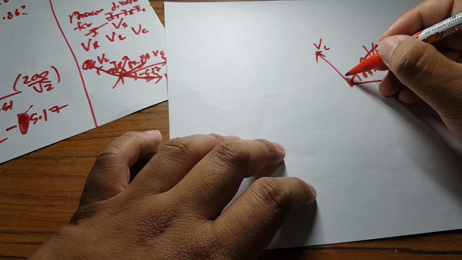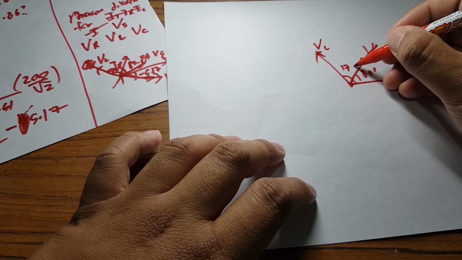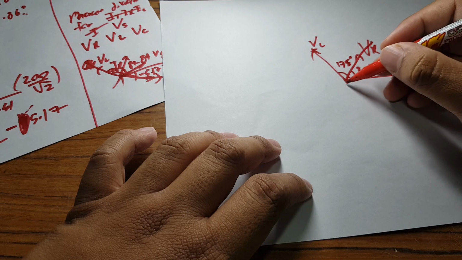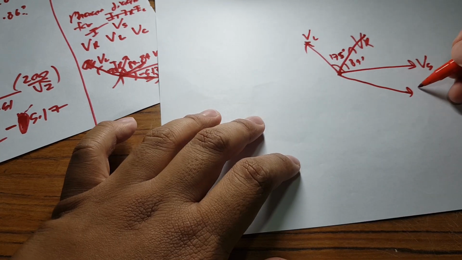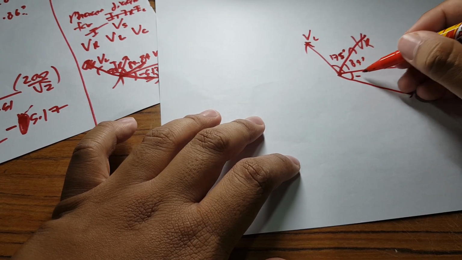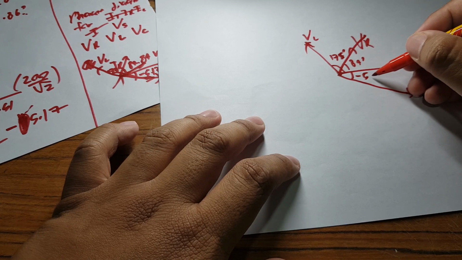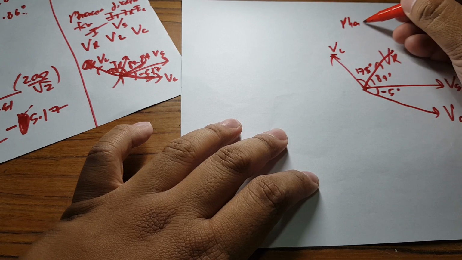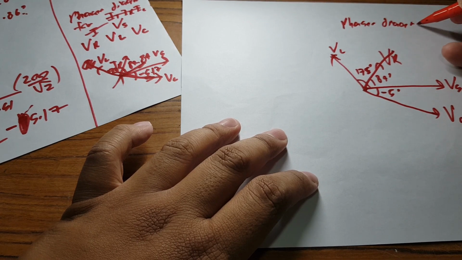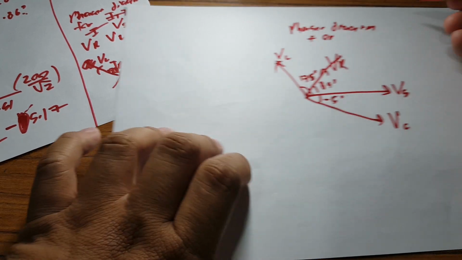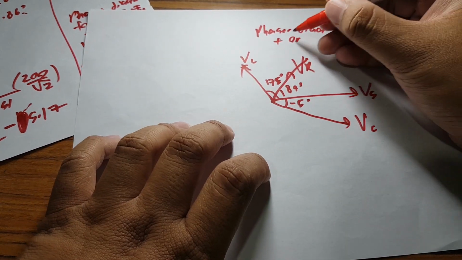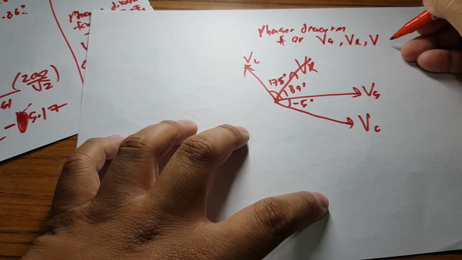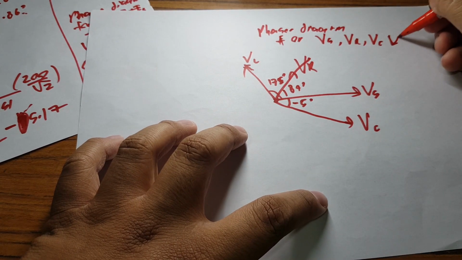VL, this one is 174 or 175 degree. And lastly, this one is larger, VC, negative 5.175 degree. So you already draw the phasor for Vs, Vr, Vc, Vl.